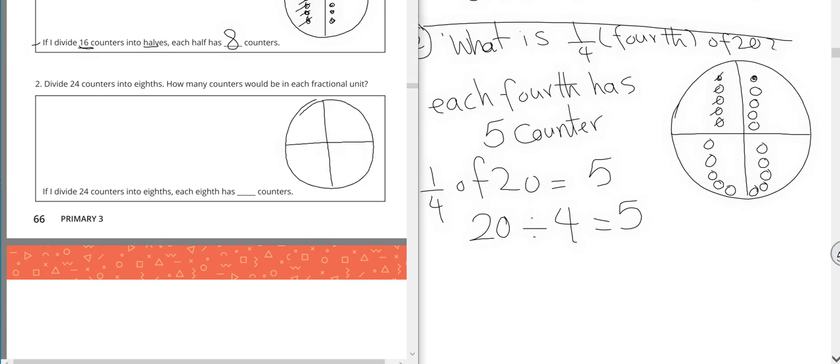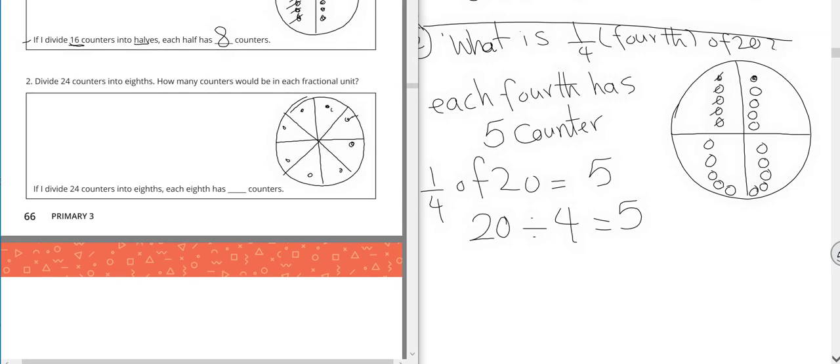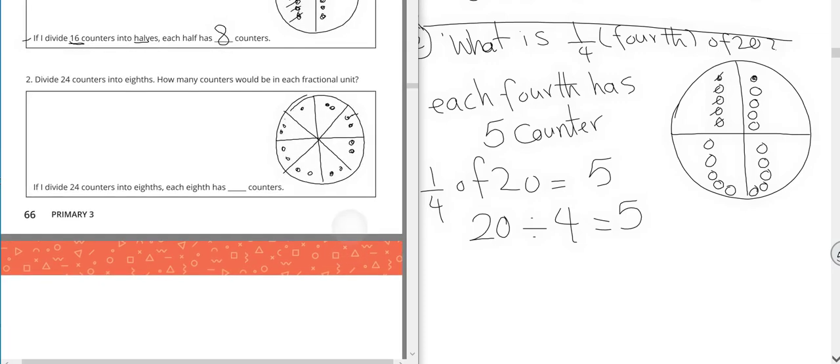We can divide it into 8 eighths. 1, 2, 3, 4, 5, 6, 7, 8, 9, 10, 11, 12, 13, 14, 15, 16, 17, 18, 19, 20, 21, 22, 23, 24.